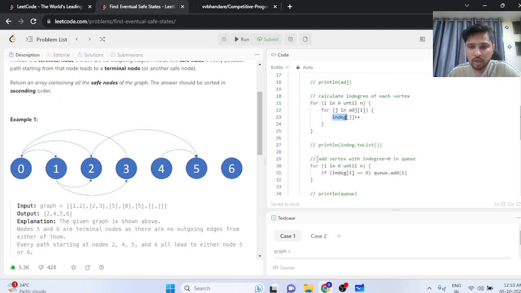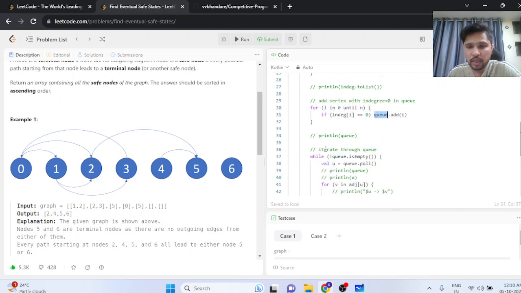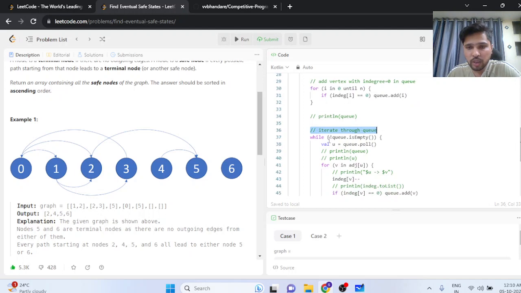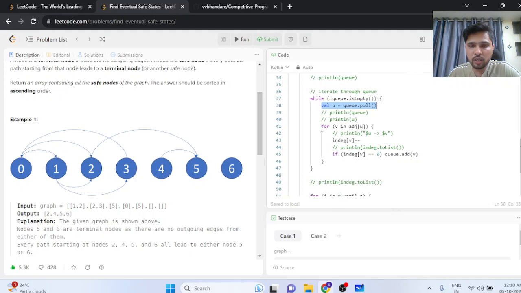Then whatever vertices have the in degree as 0, we are simply putting into the queue. Then we are iterating through the queue. So in the queue we are polling the top element, and for that particular element we iterate through the adjacency list.